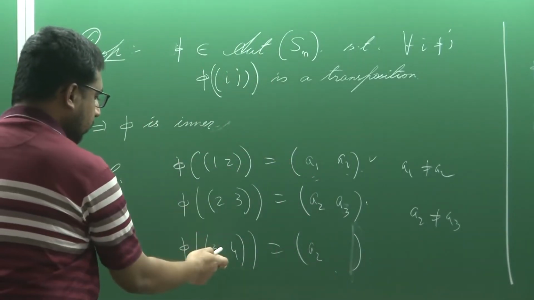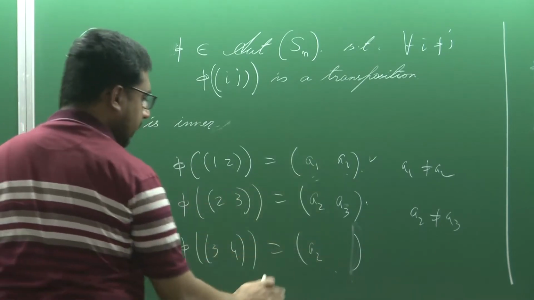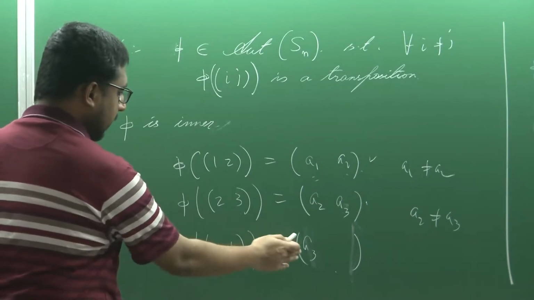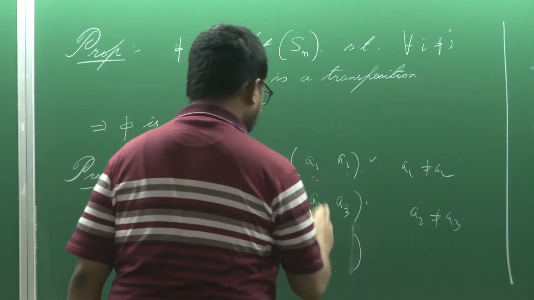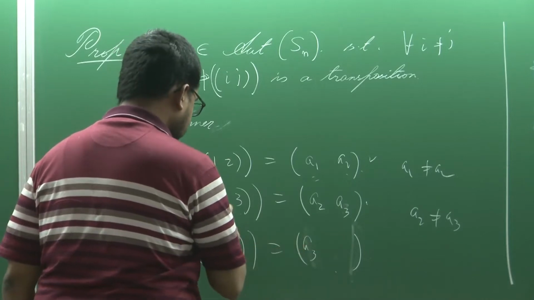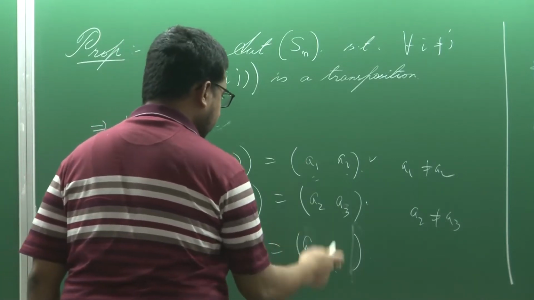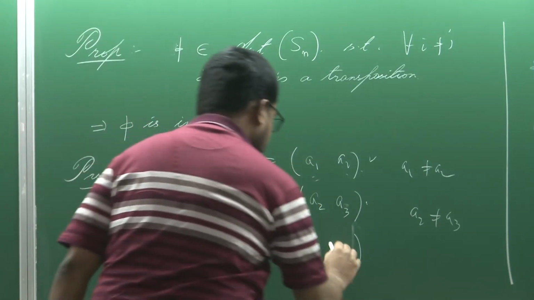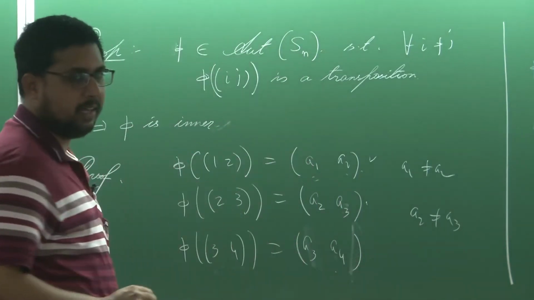Certainly not, because (1 2) and (3 4) are disjoint, hence their images have to be disjoint. So, A2 cannot appear here, it has to be A3, and once A3 is there, A2 cannot appear here because these two are different, and A1 cannot appear here because the images of these two have to be disjoint. So, there has to be another element A4.